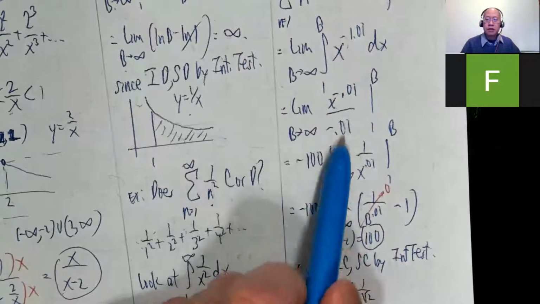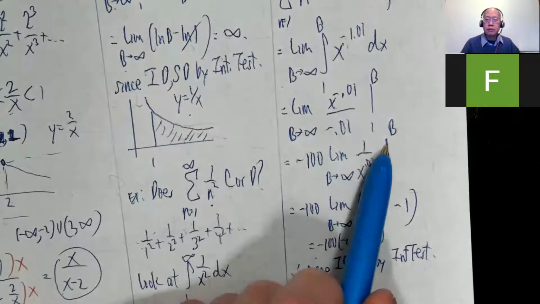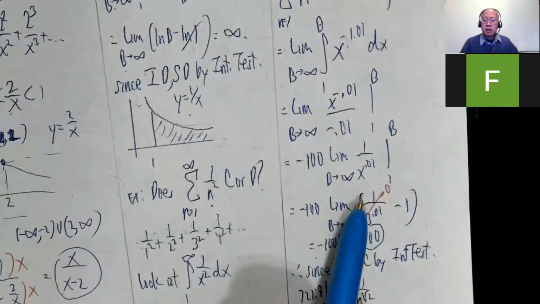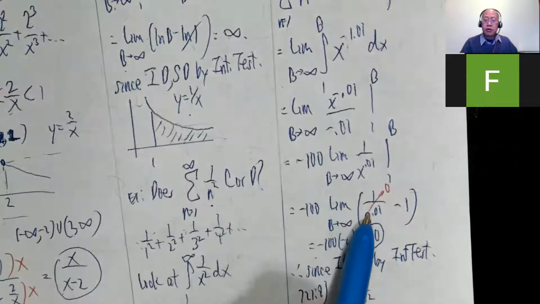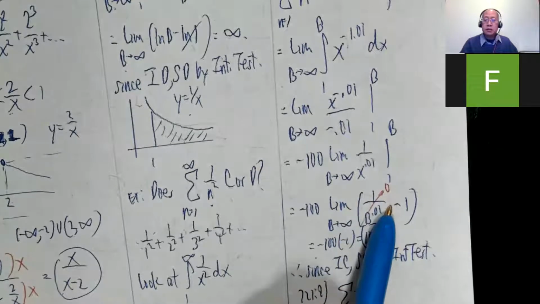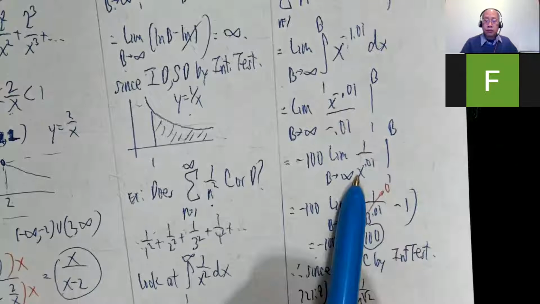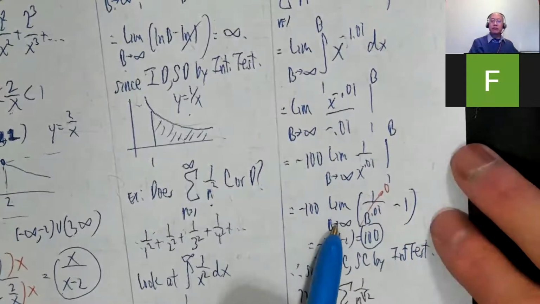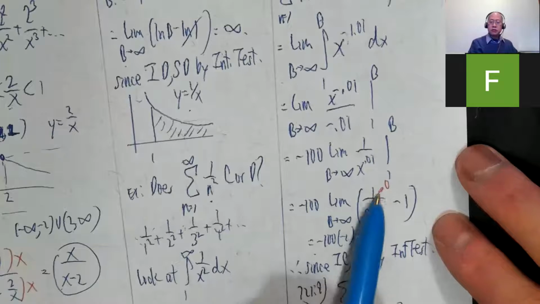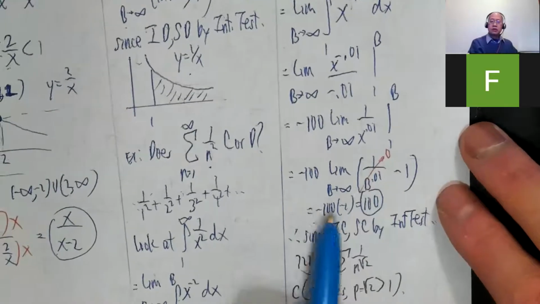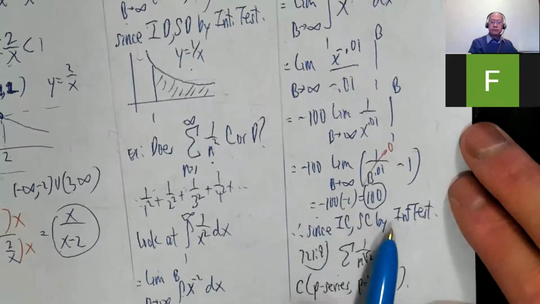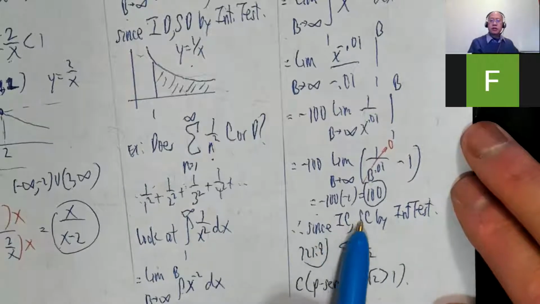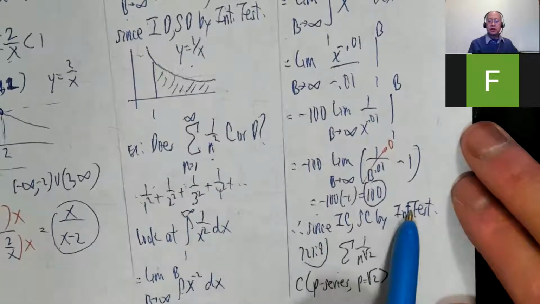Limit as b approaches infinity, 1 over x to the 0.01 from 1 to b, which is negative 100 times, limit as b approaches infinity, 1 over b to the 0.01 minus 1 over 1, which is 1. When b gets super big, this approaches 0. So I have negative 100 times negative 1, which is 100. Therefore, since the integral converges, the series also converges by the integral test.